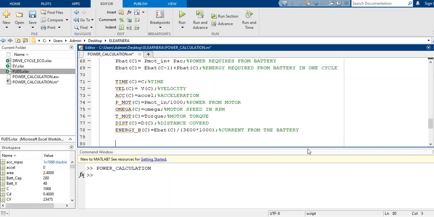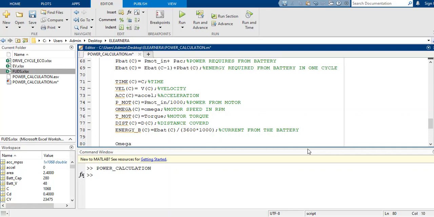Okay guys, from this we want the maximum value among the given values.